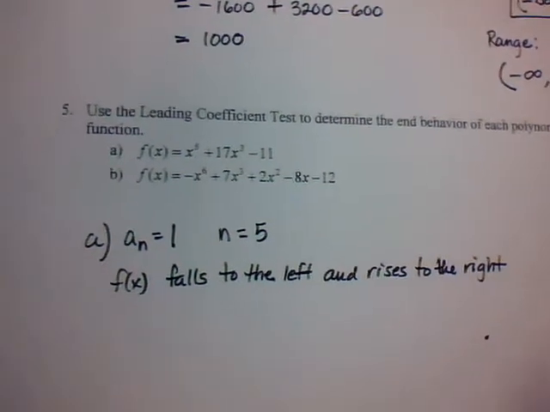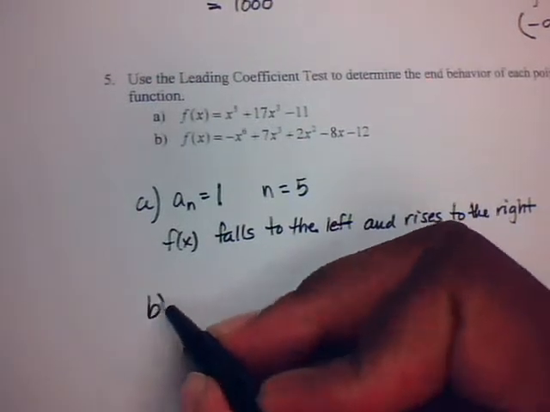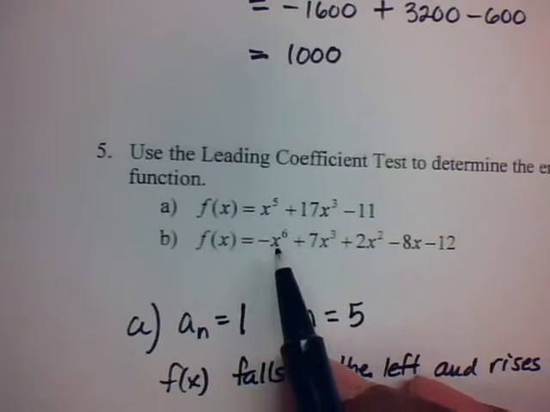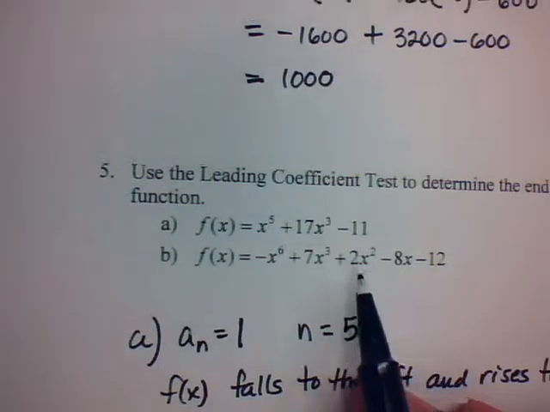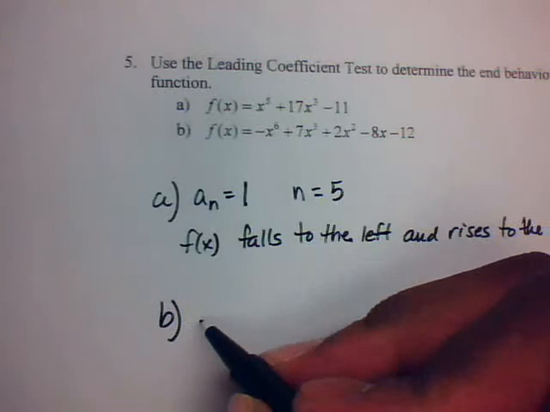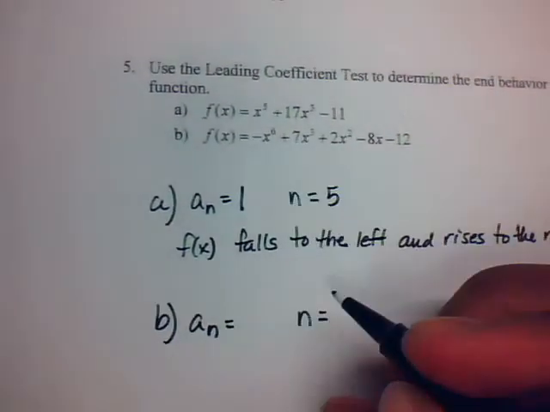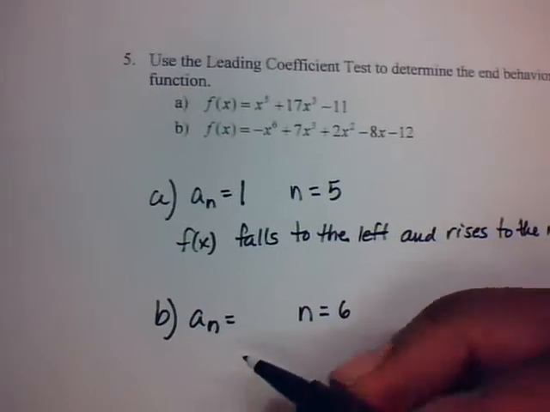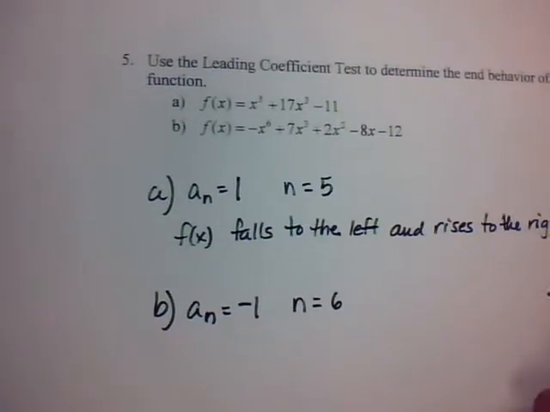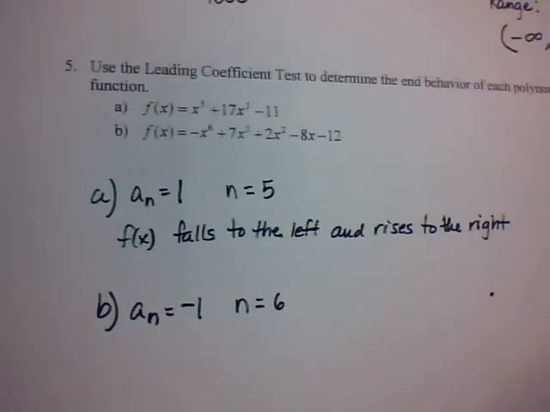Okay. That's part A. Now part B, we got f of x is equal to negative x to the 6th plus 7x cubed plus 2x squared minus 8x minus 12. In this case, n is 6. That's the highest exponent. a sub n is negative 1. That's the coefficient of the variable with the highest exponent.